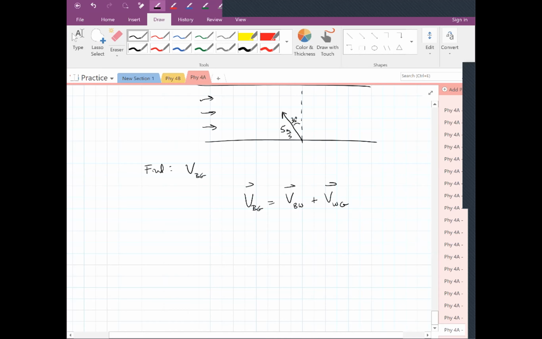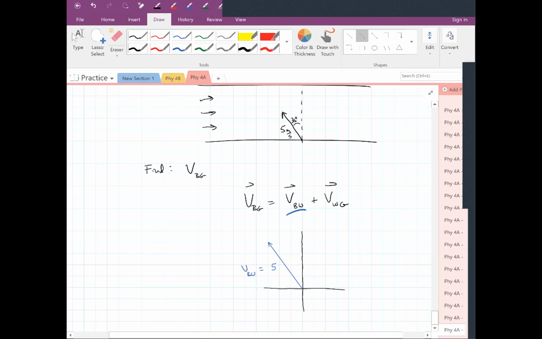If I draw my first vector, I'll use blue, a distance of 5 at 30 degrees, let's say it's something like that. Then I draw my second vector.